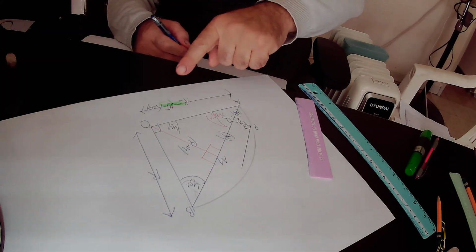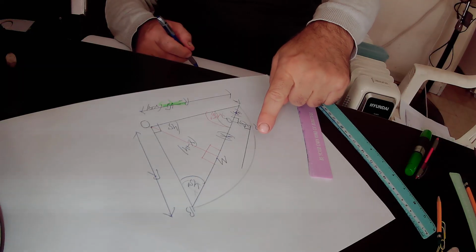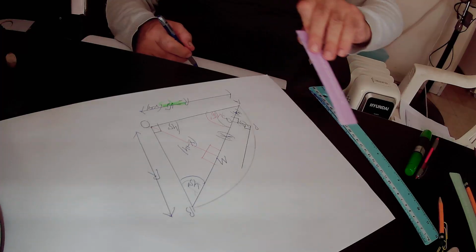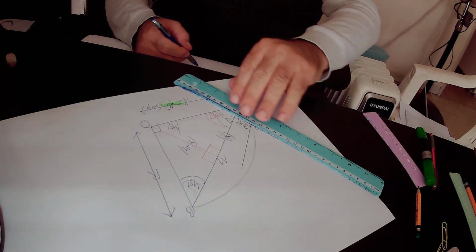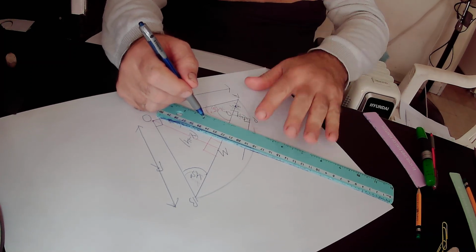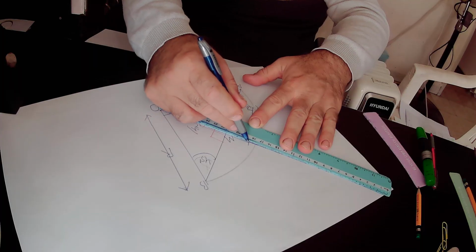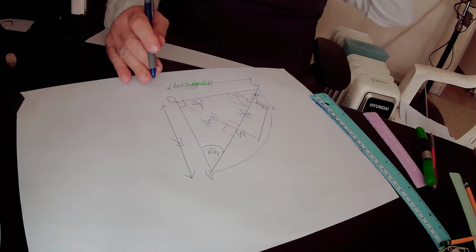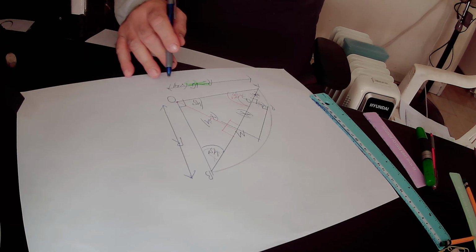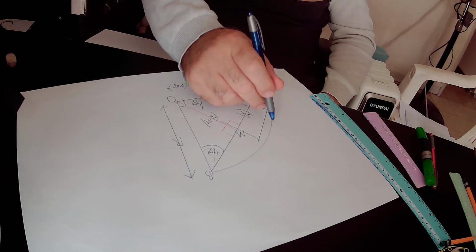And we will extend the perpendicular OM by a side line until it touches this extended perpendicular from P. We will define the touching point of the extended line OM with the extended perpendicular from point P. This point is point N.